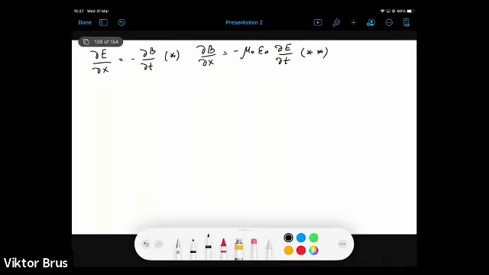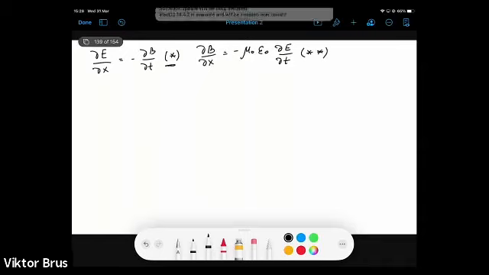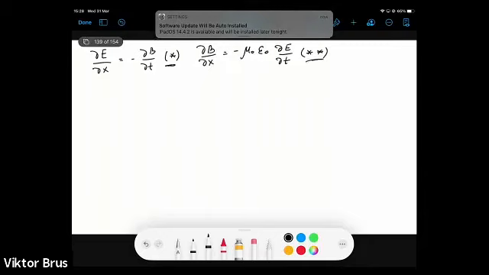Now what we are doing, we need to take the derivative of equation star with respect to x, and combine that result with the derivative of double star with respect to t.